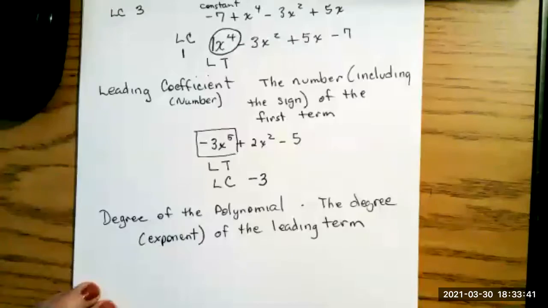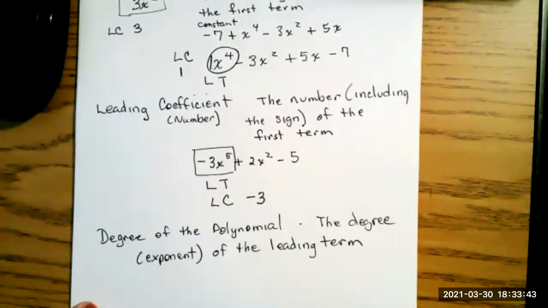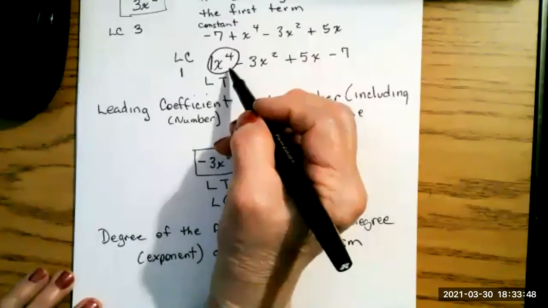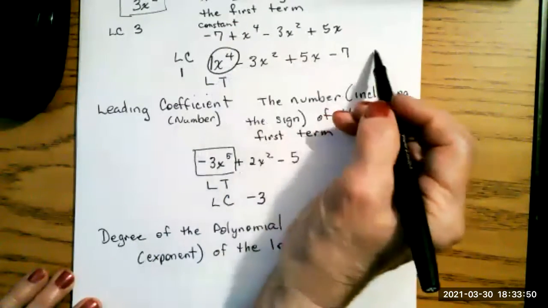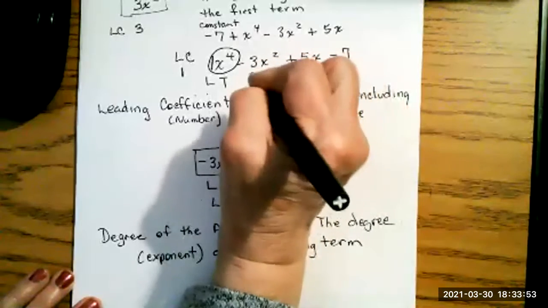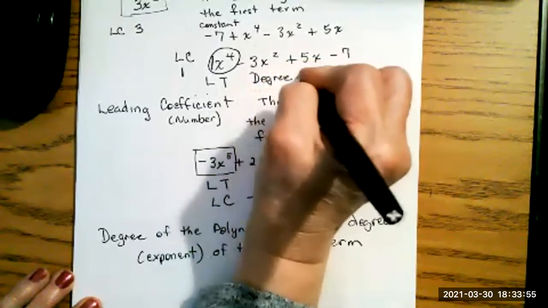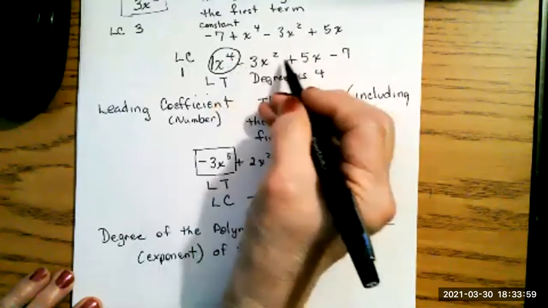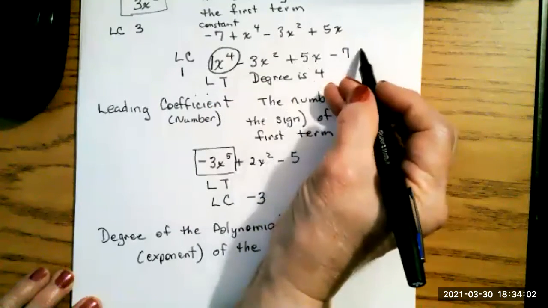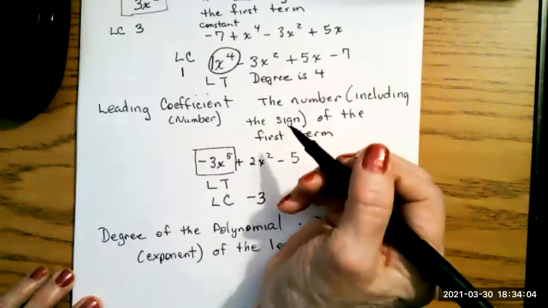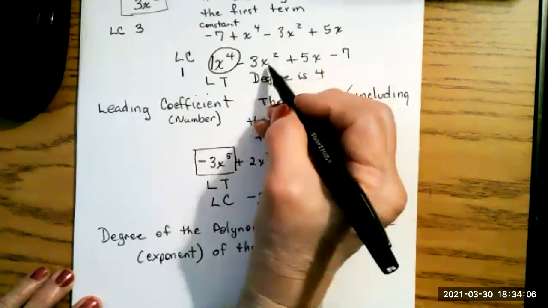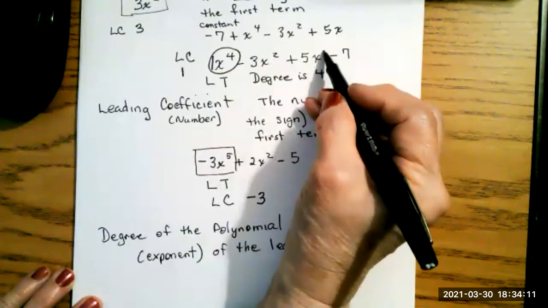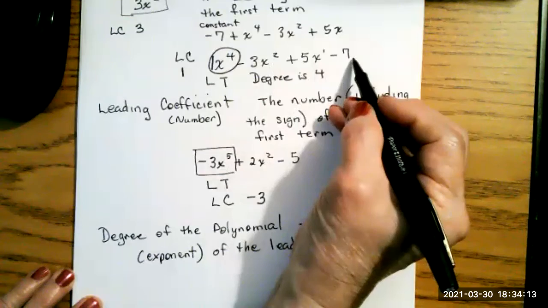So let's look at these that I have here. The degree of this second example, since I've written it in descending order, I would say the degree is 4 because it's the highest exponent of all the terms. Each term has its own degree. Like this one is a degree 2. This one is a degree 1. It's understood to be a 1 there. And this is a degree of 0.